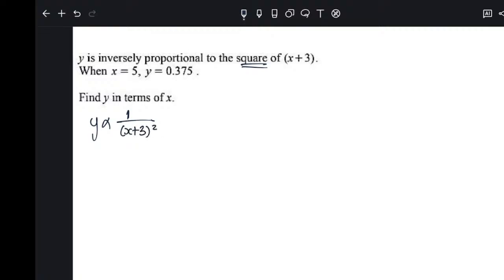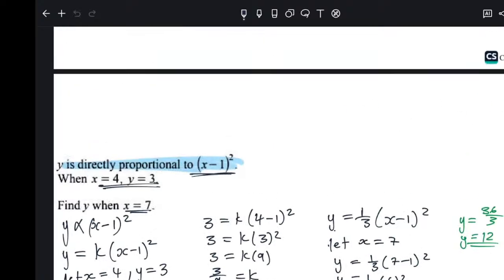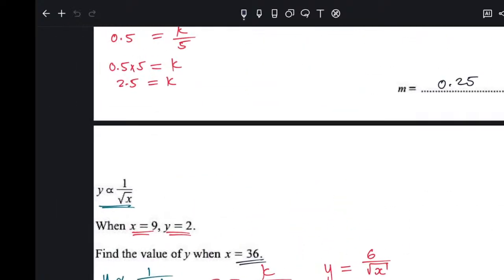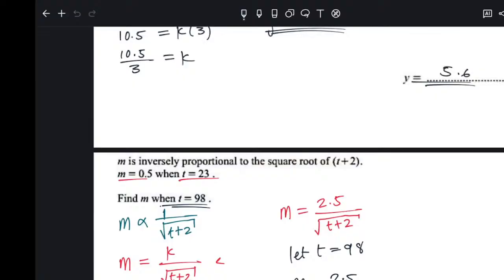Are we together? Can you see this? Square root, if they say the square root, they'll say it. Look at it here. To the square root. Can you see here?